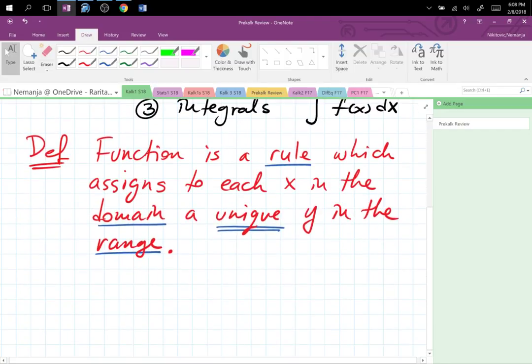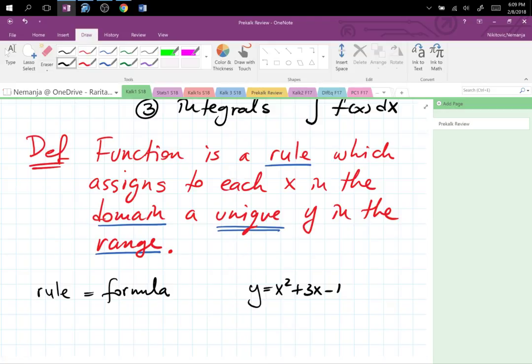Now, to define these words, the word rule is the formula, like y equals x squared plus 3x minus 1, all right? So a rule refers to a formula, but you can also put any formula from physics or engineering. You can put in any formula from chemistry, whatever. It's a mathematical rule that you can compute things.